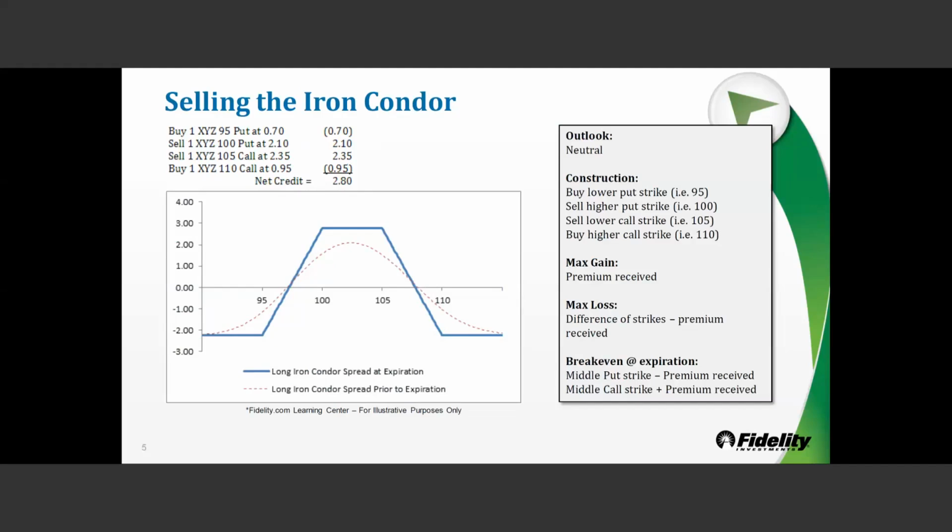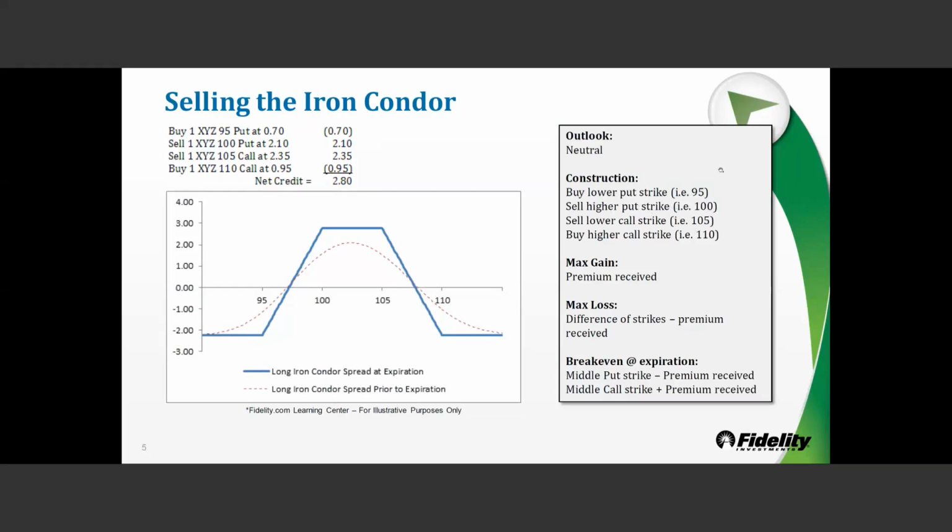So for example, if you buy a put at 95 and sell a put at 100, $5 is the maximum money you can make. But when you make this trade, you may get $2 or $3 out of the trade, and you may get to keep that if the price falls within that range.